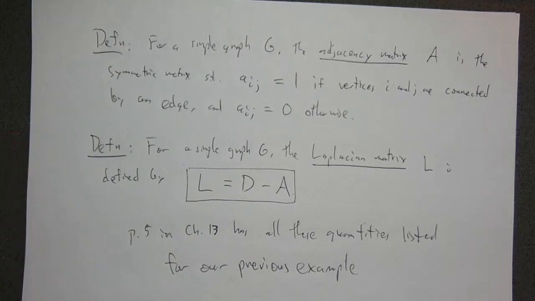Okay. So you can see D, I already had written that down the page. So the degree matrix, all the degrees of every single vertex was 2, except for vertices 2 and 3 had degree 3. Those are the only vertices that were connected to more than 2 edges.